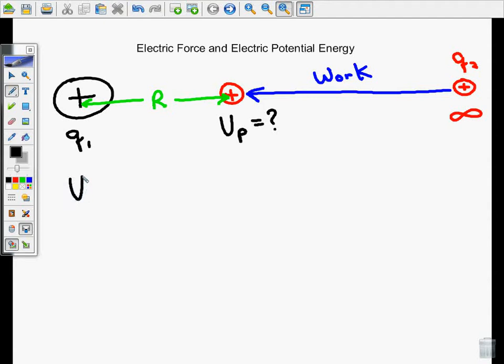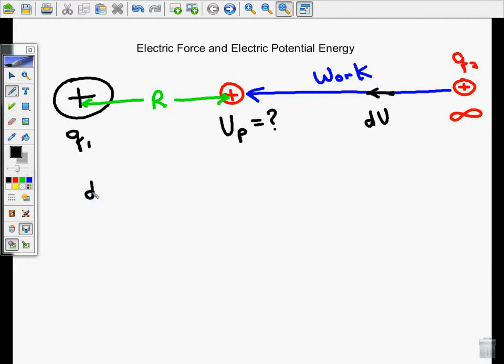So another way of looking at it is that there's going to be increments of change in the potential energy. When I move that test charge from here to there, there's going to be a little change in potential energy between those two points.